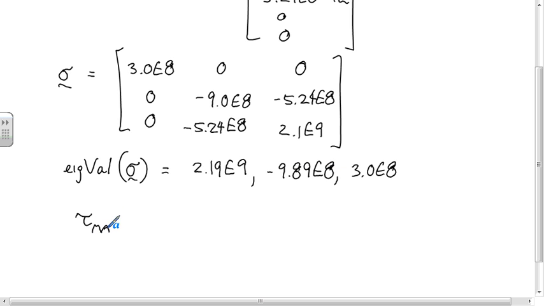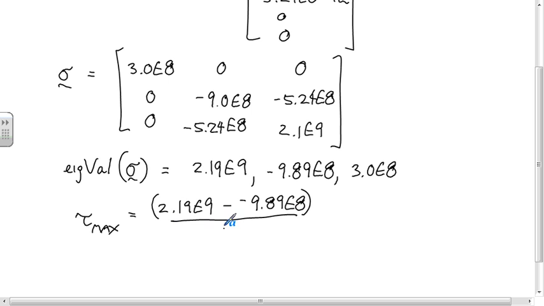So the max shear stress is going to be 2.19 times 10 to the 9th minus that negative. So remember, you're not adding these, you're subtracting them. And then divide by 2.